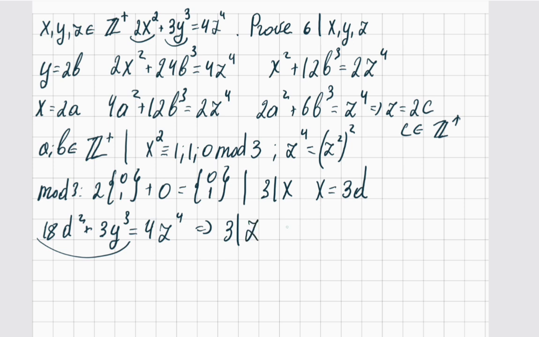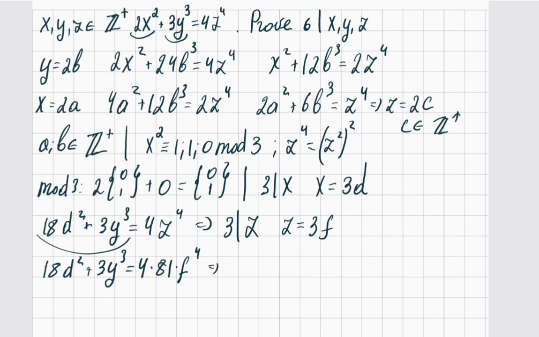Let's say z is equal to 3 times f, so we will get 18 times d squared plus 3 times y cubed is equal to 4 times 81 times f to the power 4. And if we divide each side by 3, we will get the next equation. By the way, here d and f are both positive integers.